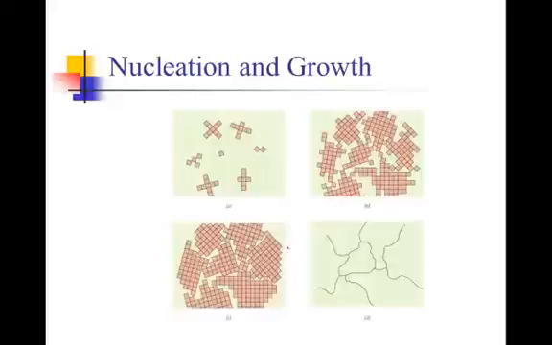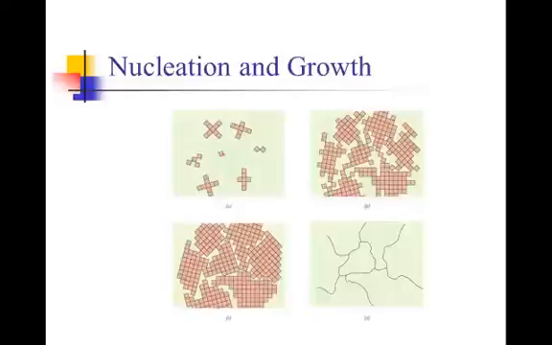Okay, I also want to cover briefly how these crystals are produced in the first place. So these figures from your book are meant to indicate that we have a melted liquid, it's cooling off, the liquid reaches its melting point or freezing point, same thing, and then the liquid wants to begin to transform into a solid material, because below the melting point, a solid material is favored energetically.